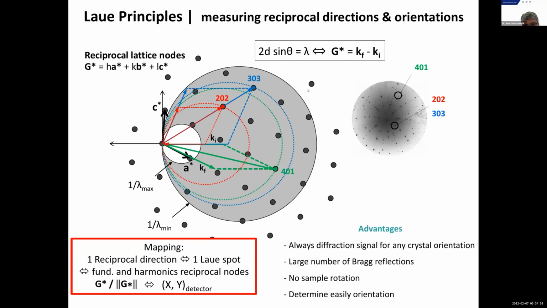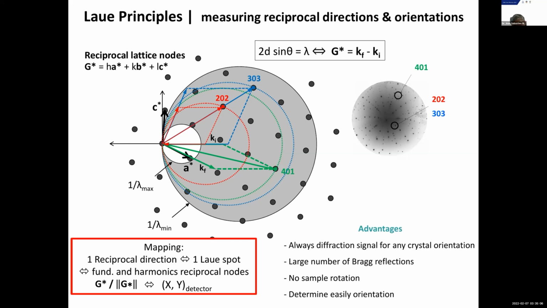So we have a real mapping, a bijection mathematically speaking, between one reciprocal space direction and one Laue spot or one pixel on the detector. This is written there. So what are the advantages of that?